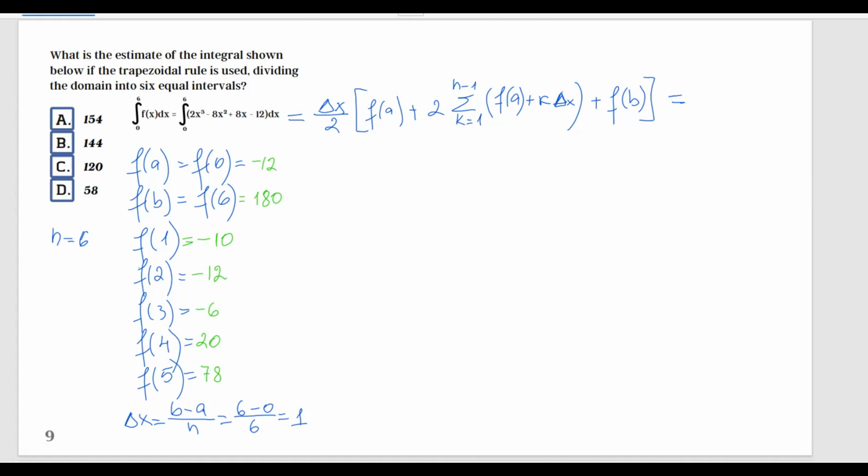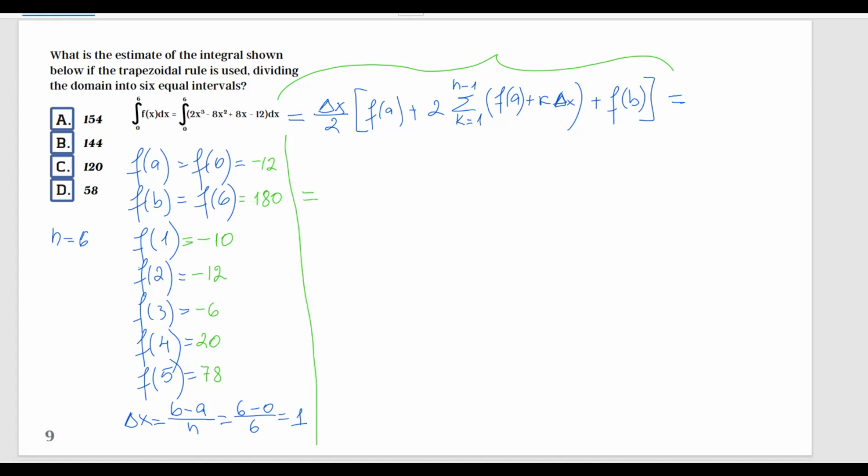Now we can come back to this formula and substitute and calculate this integral using the trapezoidal rule. Okay, let's do that.